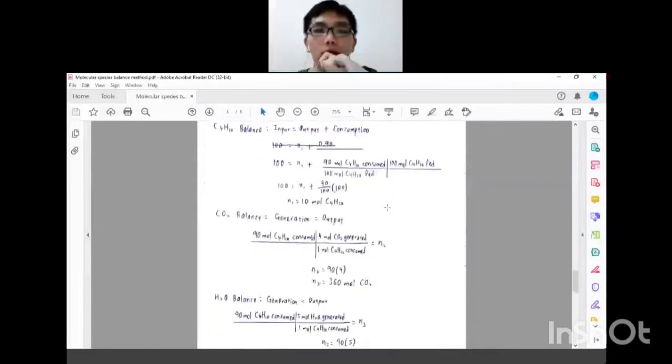And we will carry out the balance for each molecular species. So for the first one, butane balance, input equals output plus consumption.